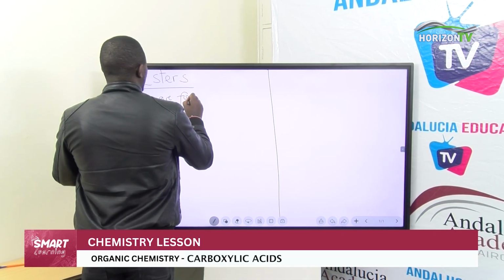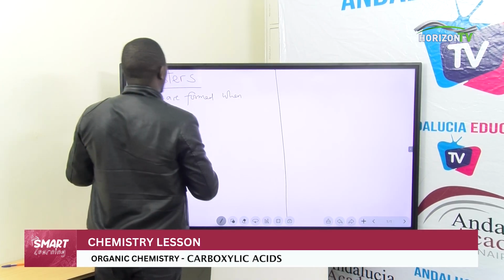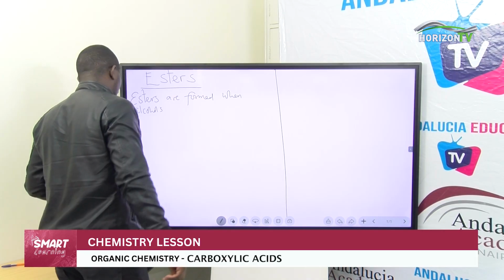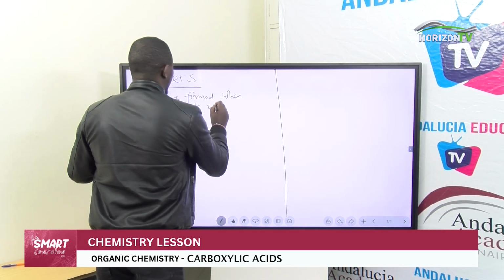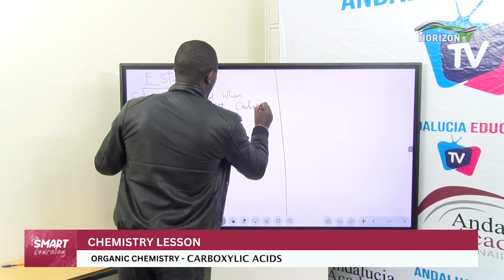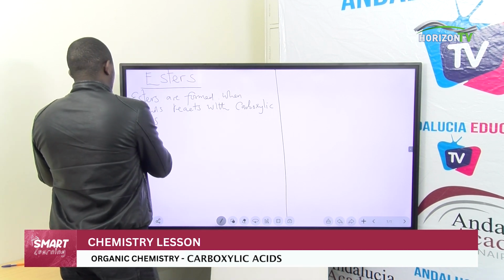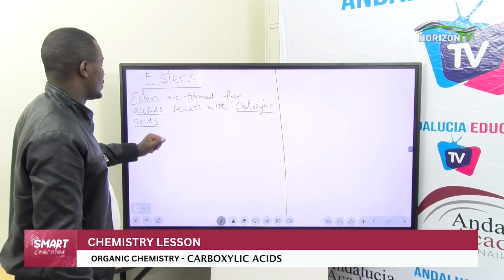Esters are formed when alcohols react with carboxylic acids.